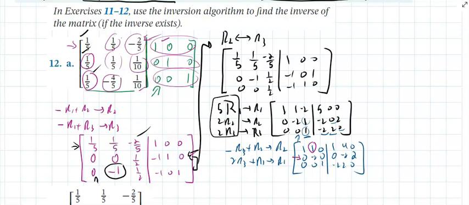So the last step, I would say take row 2. Okay. So take row 1, multiply it by 2, add it to row 2, put the result in row 1.